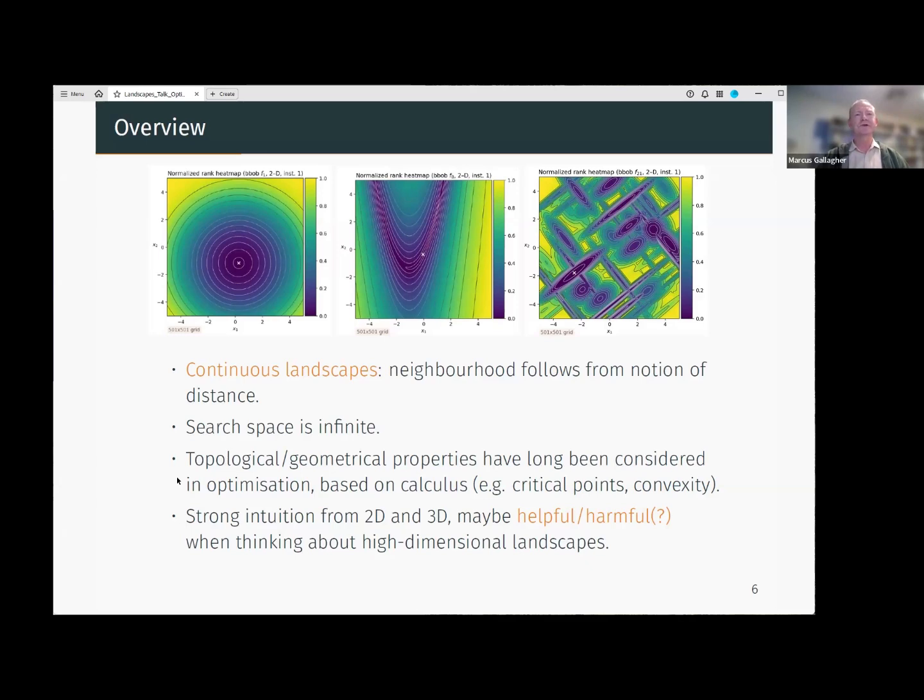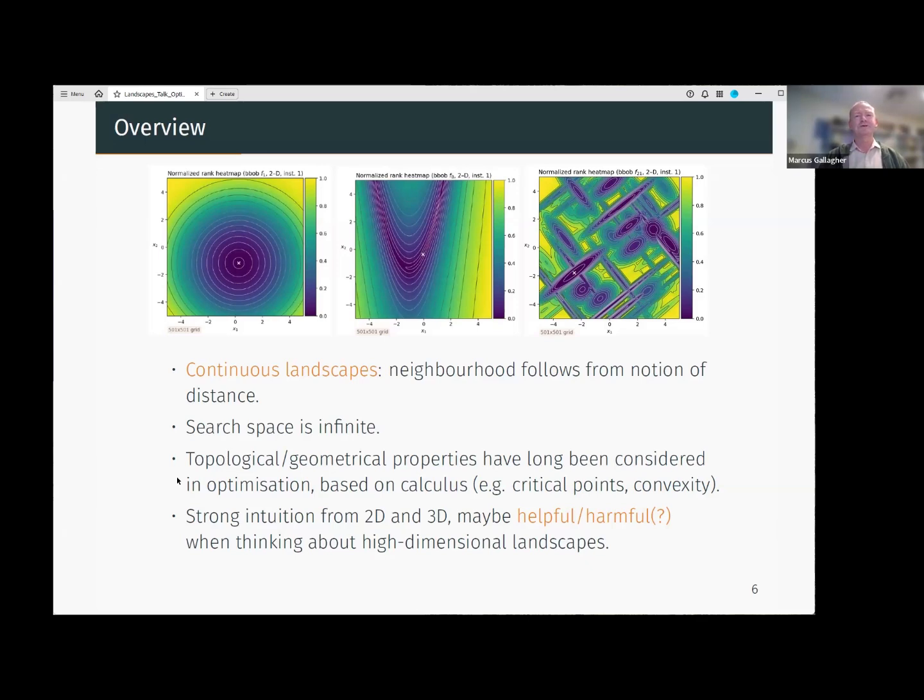We get strong intuition from pictures like this, where we're looking at the contours of a two-dimensional continuous optimization problem. It maybe helps us to think about structure and think about how algorithms behave.